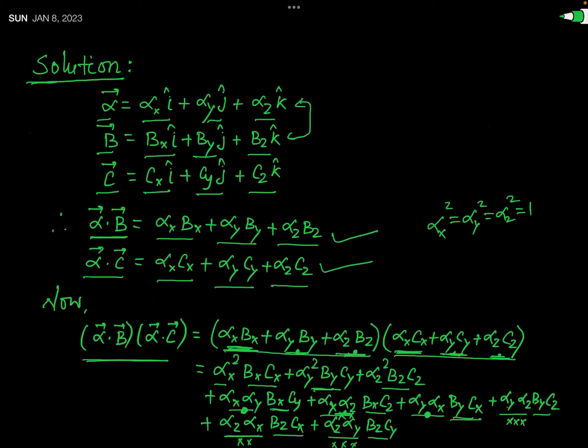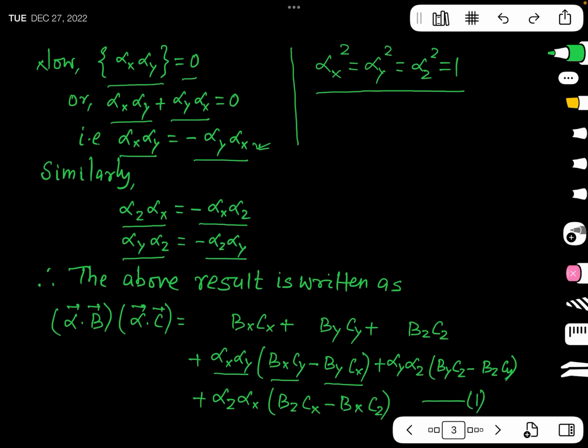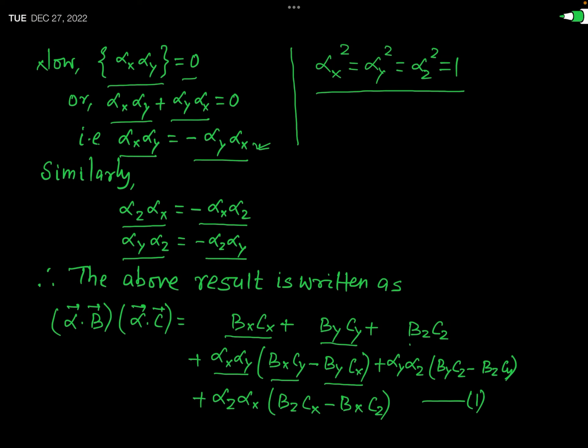So doing all these algebras, you can write this result in this manner: alpha dot b times alpha dot c is equal to bx cx plus by cy plus bz cz, because all these squares of matrices are equal to 1, and alpha x alpha y times bx cy minus by cx, plus alpha y alpha z times by cz minus bz cy, and alpha z alpha x times bz cx minus bx cz.